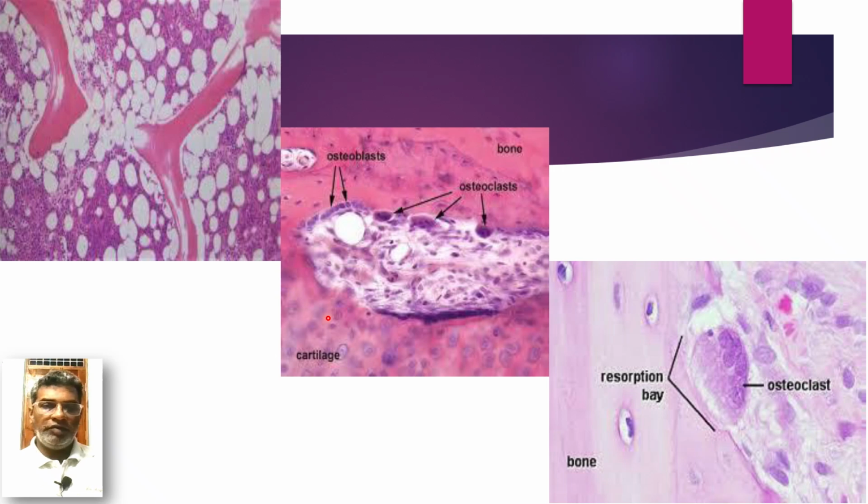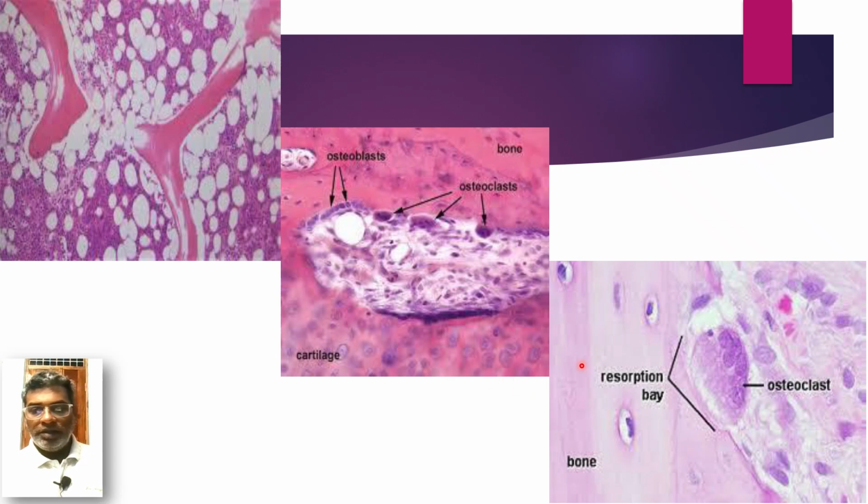When we see under the microscope, you can appreciate cells, one in the corner which are mononuclear. Okay, these are osteoblasts, and at places you can appreciate multinucleated cells. These are osteoclasts, and this remaining is bone and cartilage.